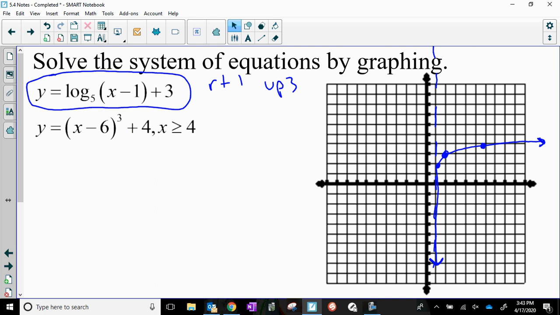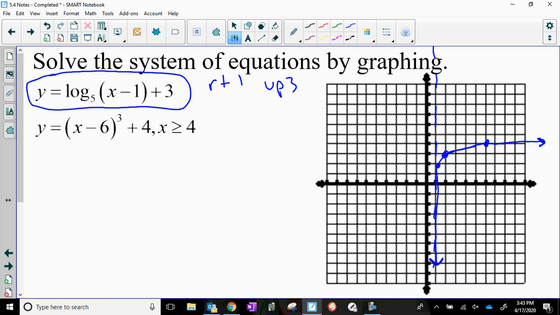So you just use your parent functions and the graphing we've done before. Again, you normally have a point at (1, 0) and the base 5, so right 1, up 1, 2, 3. I just want to make sure it's clearly marked, because those are probably going to be important points when we get to the answer.